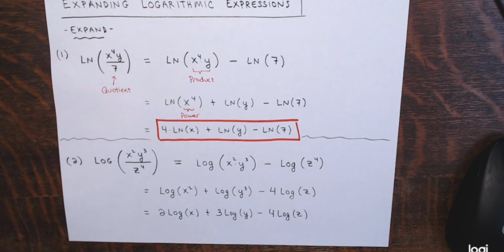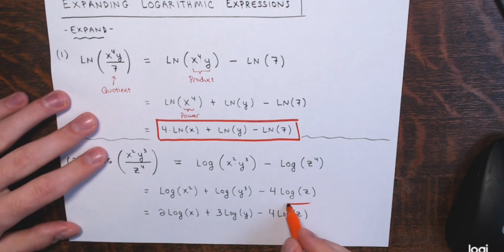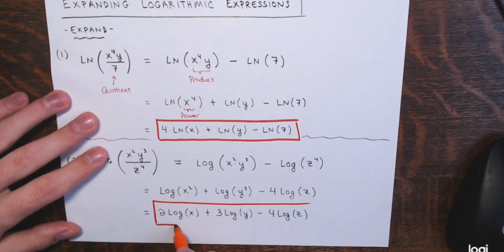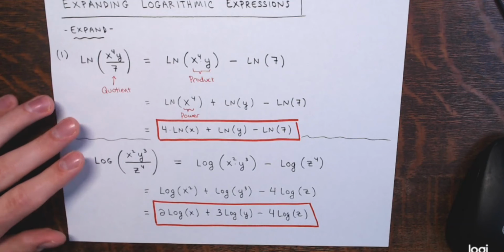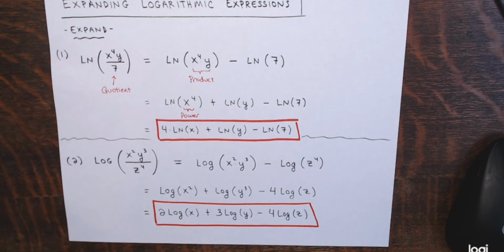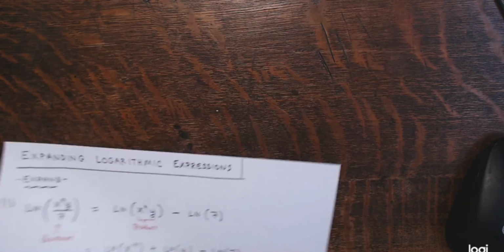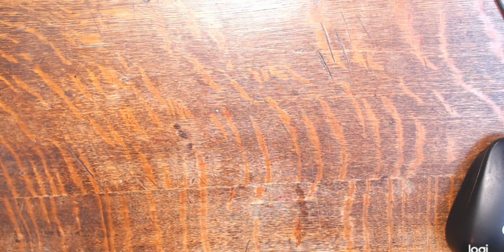And you can test that out with a calculator if you wish, and see if these are actually equivalent for your choices of x, y, and z. Wonderful. All right. Now the next couple of examples have some roots in them, square roots, cube roots.